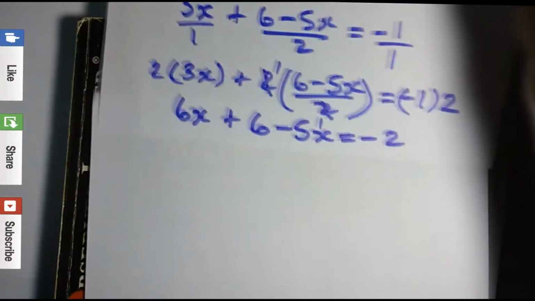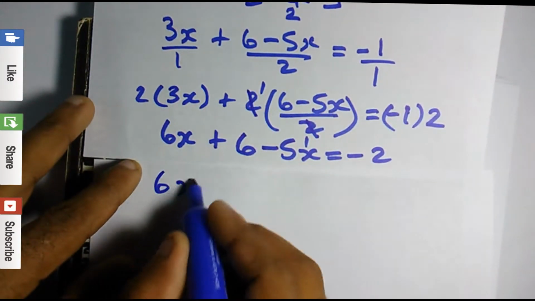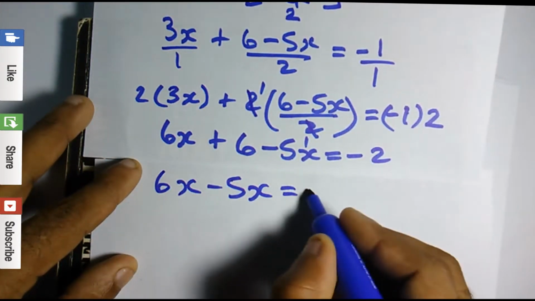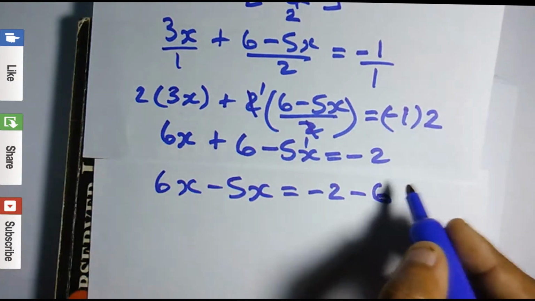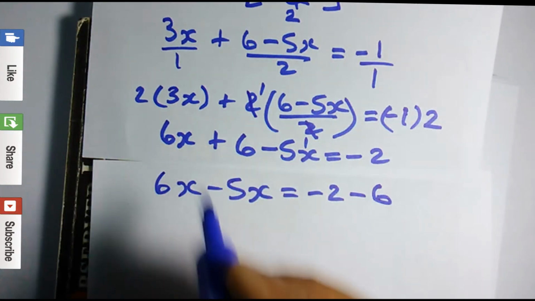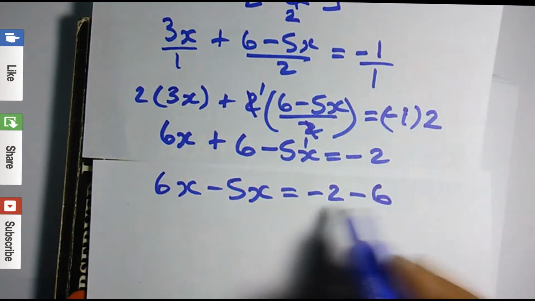Next step, I'm going to have 6x minus 5x equal to -2 minus 6. What I've done here is collect like terms, as in I've grouped the like terms, all the variables on this side, all the numbers on that side.